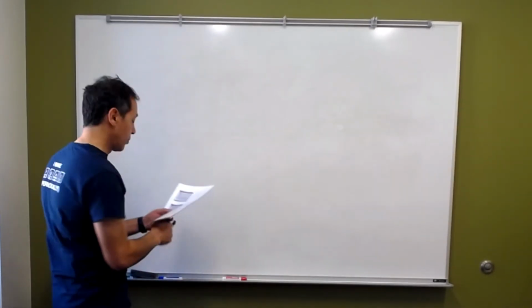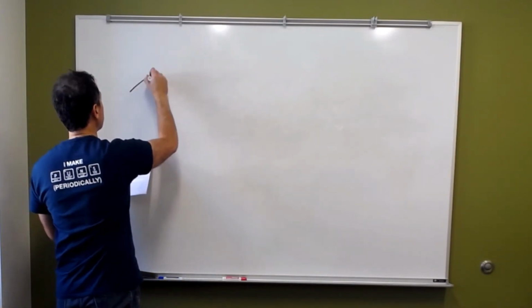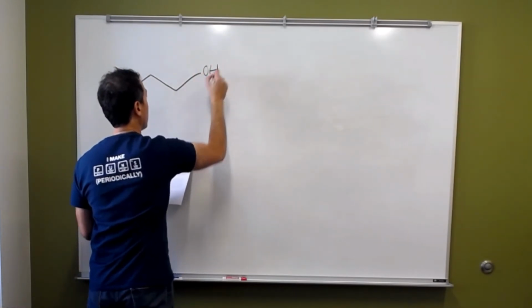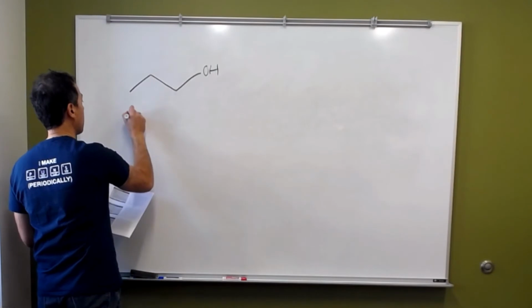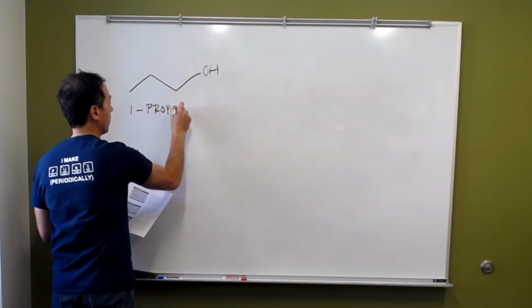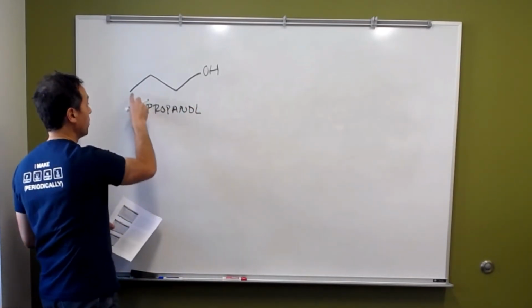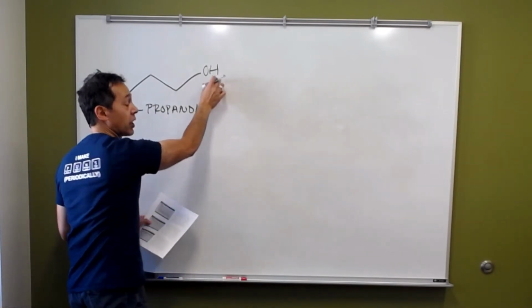So for example, if I have this molecule here, this one here is 1-propanol. 1-propanol has 3 carbon atoms, 1, 2, 3 carbon atoms, with an alcohol attached on it like this.